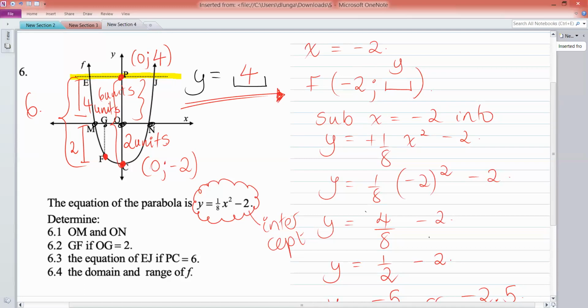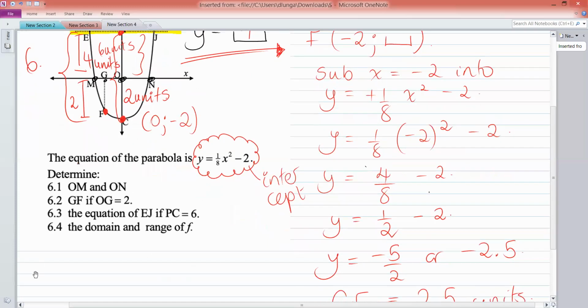We did this question before the test, right? So for parabolas, what's the domain of a parabola? Who remembers? Does anyone remember?